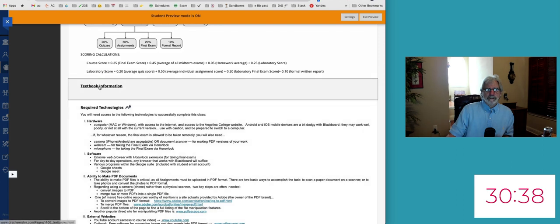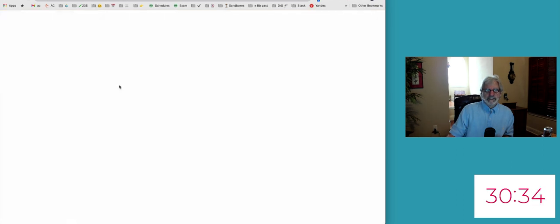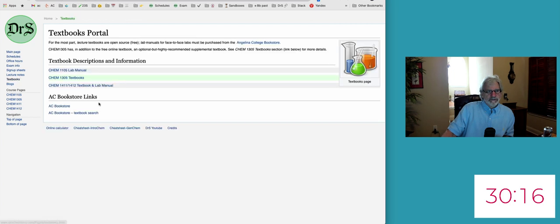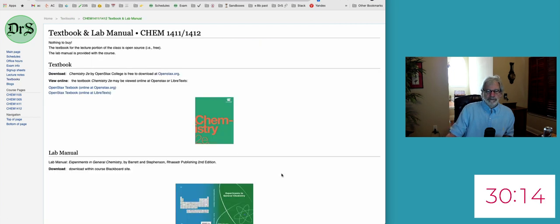Textbook information is given. Where do you get the textbook? You're pretty lucky on that. It's posted in the textbook tabs of the website, which is DrStephensonChemistry.com, which I sometimes just abbreviate DRS Chemistry. Okay, so the Dr. S website, if you go to textbooks, you can find your textbook.